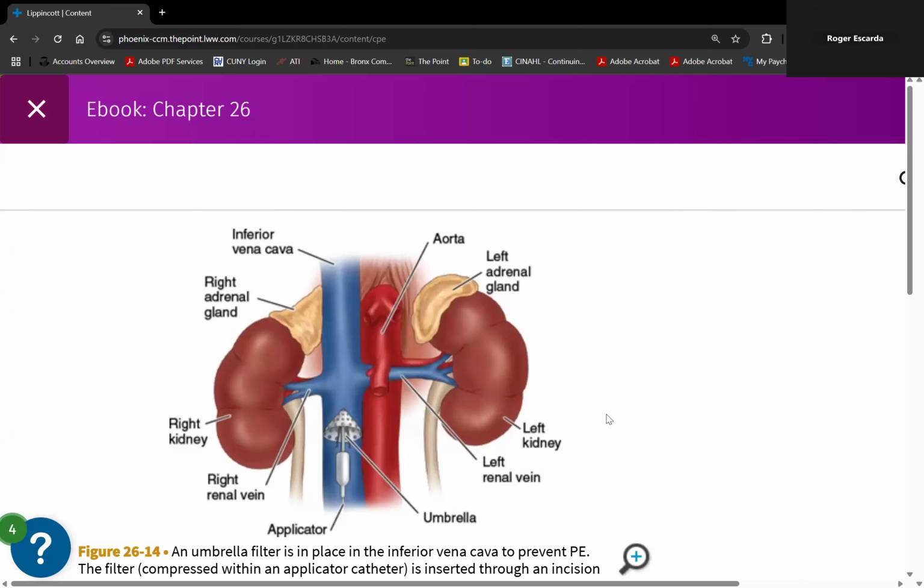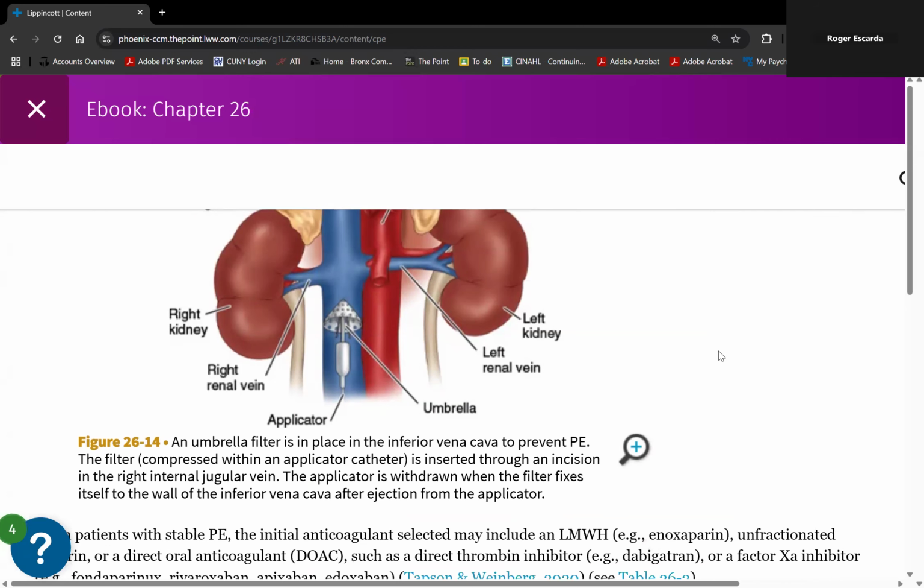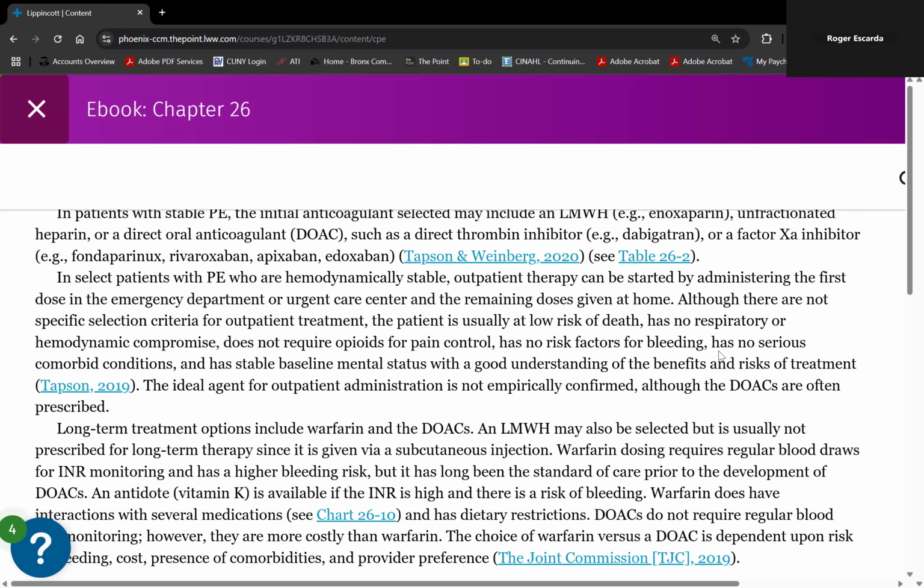Or since as of 5 years ago, we have the Watchman now, the left atrial appendage closure device. You've heard of a Watchman, right? It's a patch they put in the left atrium. Or you can have a filter like this. It's 98% effective. Only a 2% failure rate.